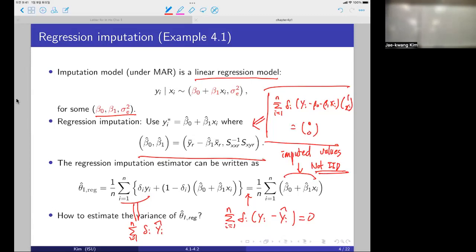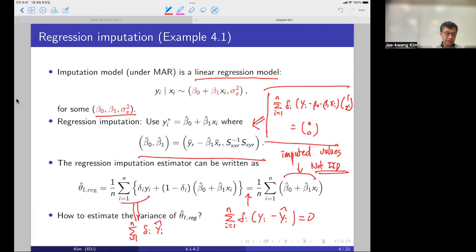Then you are underestimating the true variance, because they are positively correlated. So we really want to reflect the probability structure in this imputed data set. That is the basic bottom line.